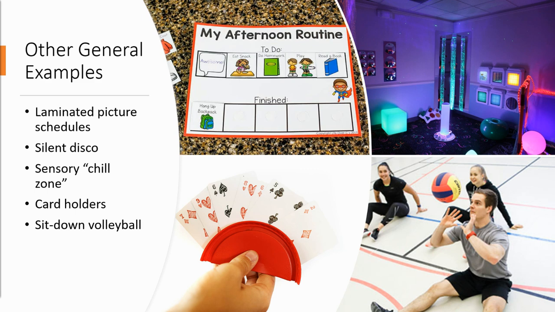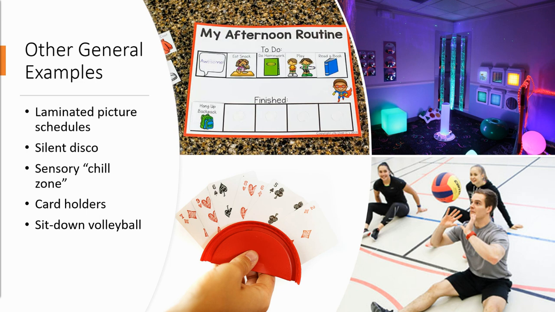And then some general examples, such as in activities or just day-to-day, to be used by everyone. We mentioned the laminated picture schedules before that provide structure and can really help a child understand what their routine is going to look like that day. Silent disco is an example of an activity that has pretty good universal design because each individual is able to control the volume and what they're listening to. Having a chill zone available that can be used by all children when they kind of need a break.